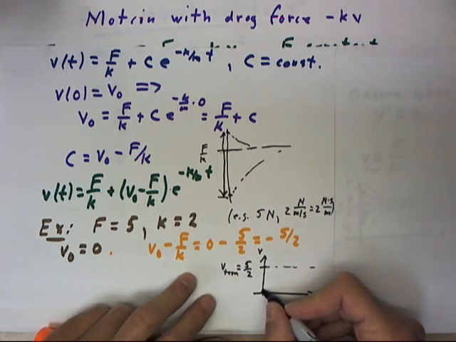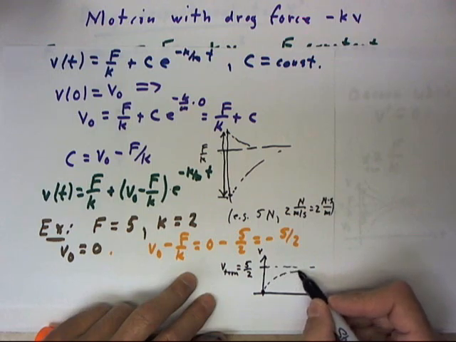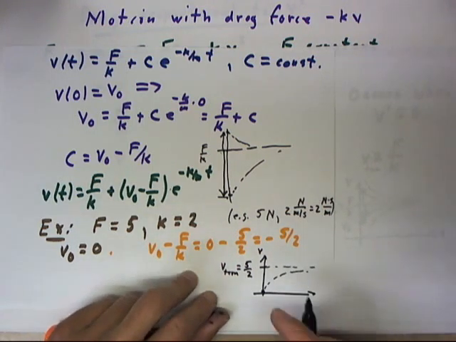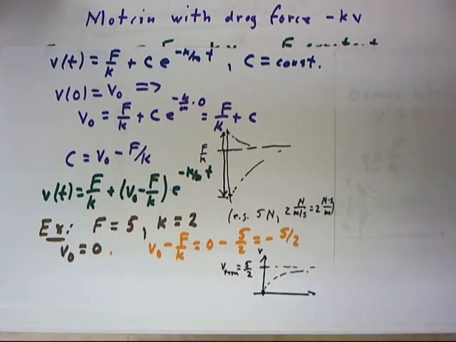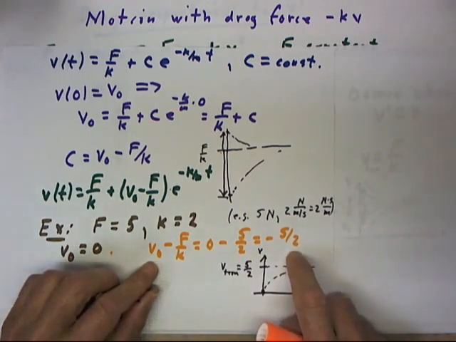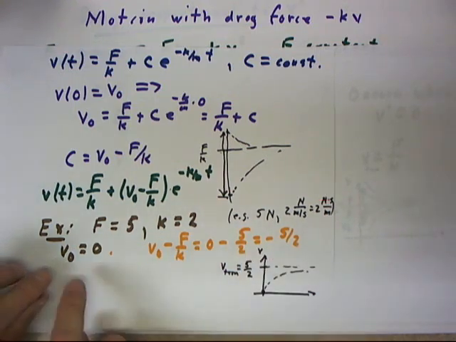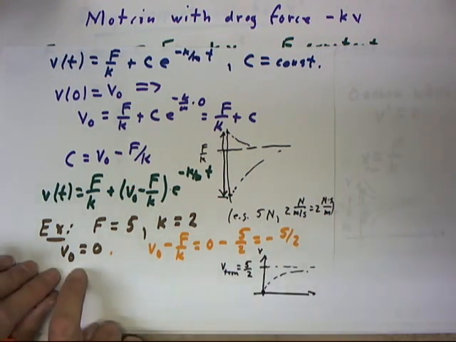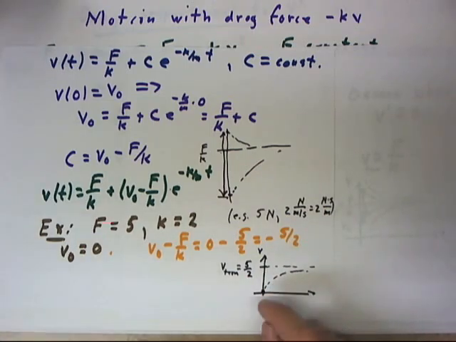We're starting from velocity 0, and we expect this thing to, in some fashion, approach this constant velocity as a limit. V naught minus F over K is negative 5 halves. What's this? Well, that's how far our initial velocity is from our terminal velocity, and it's negative because our initial velocity is below our terminal velocity.